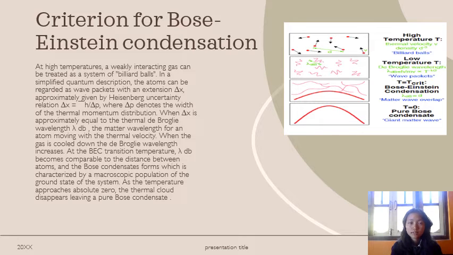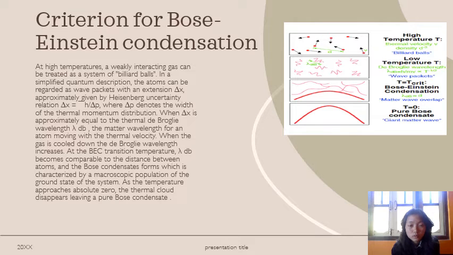Criterion for Bose-Einstein condensation: at high temperature, a weakly interacting gas can be treated as a system of billiard balls. In a simplified quantum description, the atom can be regarded as a wave packet with an extension del x, approximately given by the Heisenberg uncertainty relation.